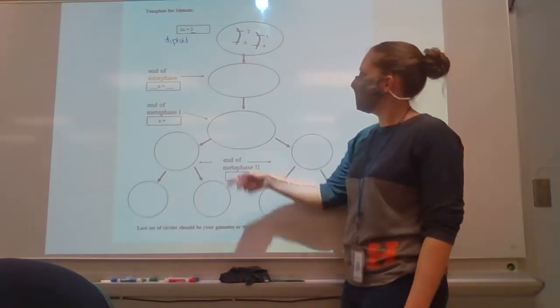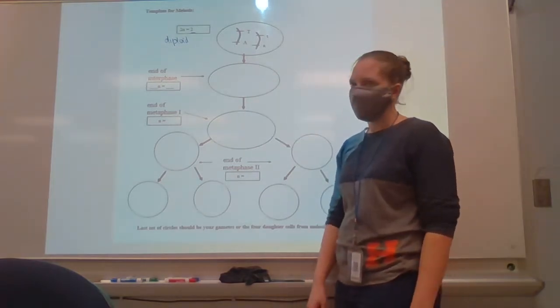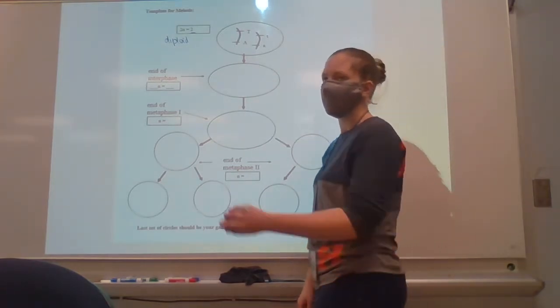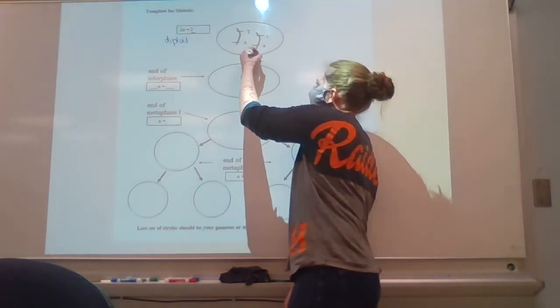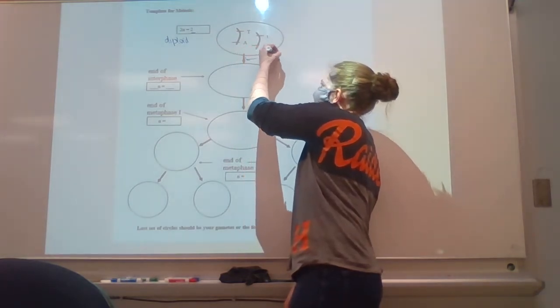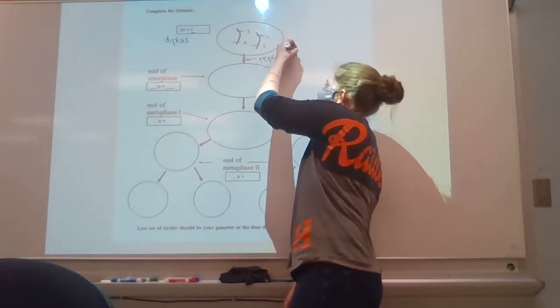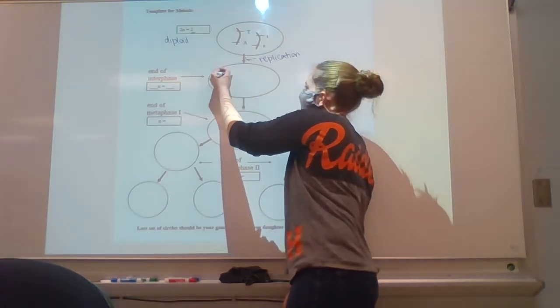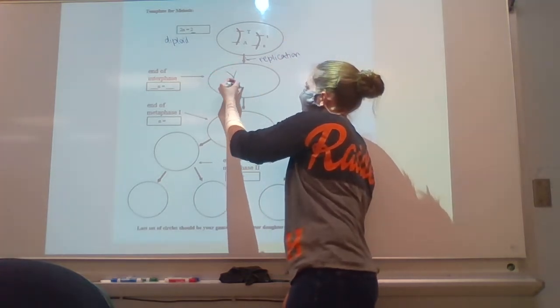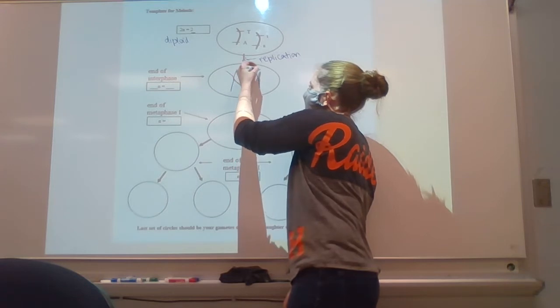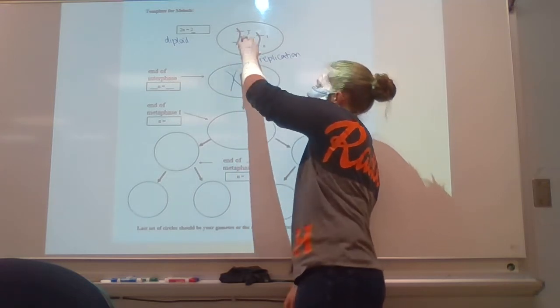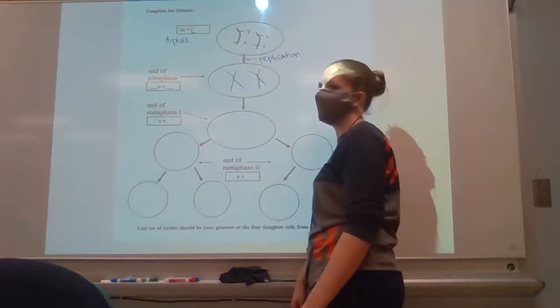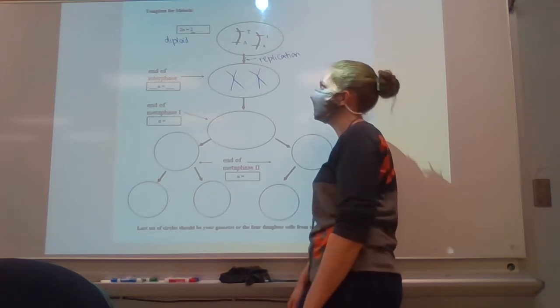By the end of interphase, what major events happened? Replication. When we replicate, we're making another sister chromatid, right? So we're going to go from having unreplicated single chromatids in our chromosomes to having replicated sister chromatids.